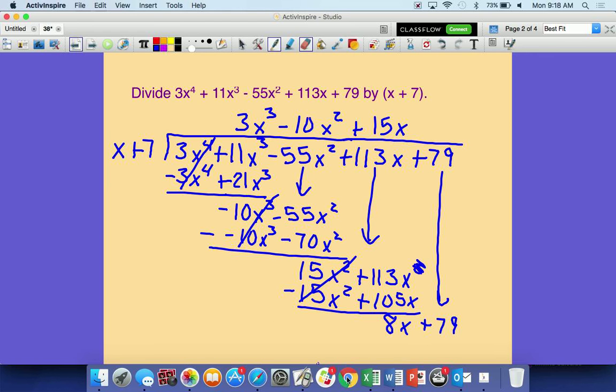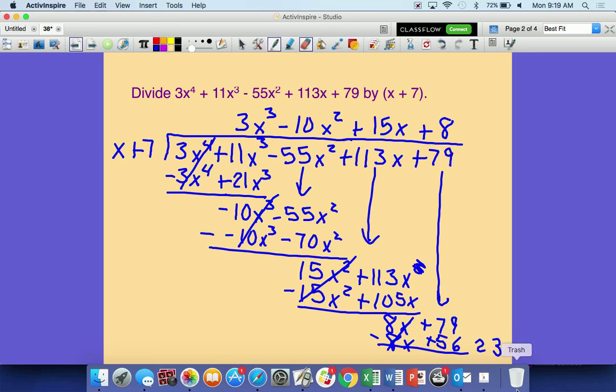X goes into 8x, 8 times. 8 times x is 8x. 8 times 7 is positive 56. We subtract those, this goes away, and then 79 minus 56 gives us a 23.